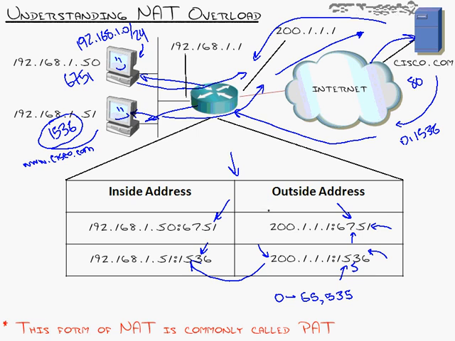Now, you might think as you start pondering things that could happen, what if two devices happen to generate the same source port number at the same time? What then? How would it handle that when both of those requests came to the router and they were both using, we'll say, source port 6751? The router's prepared for that because that's actually a very common circumstance.